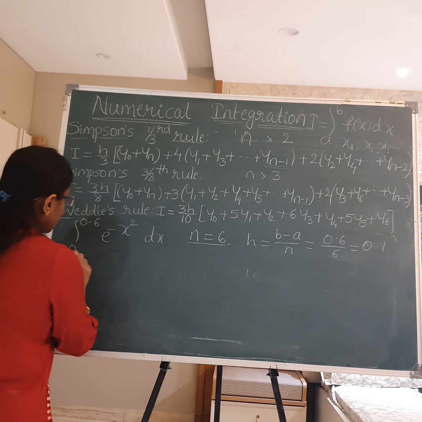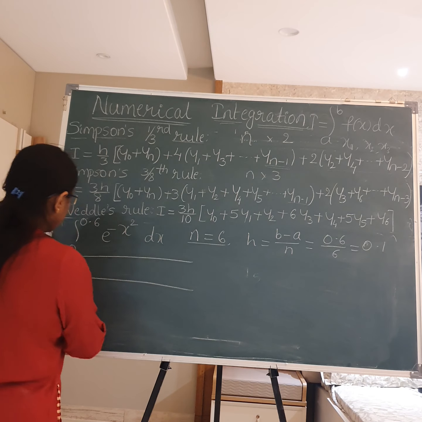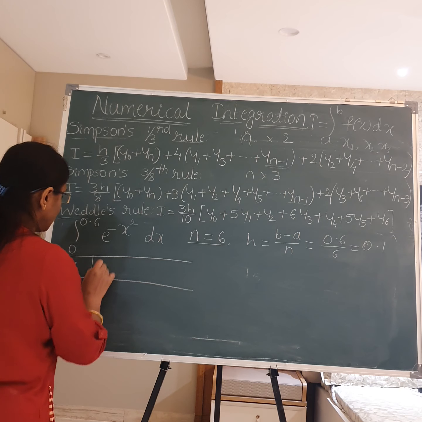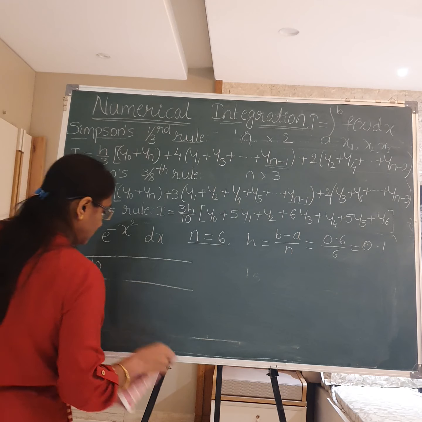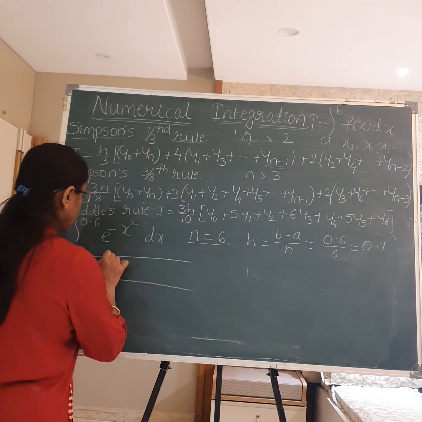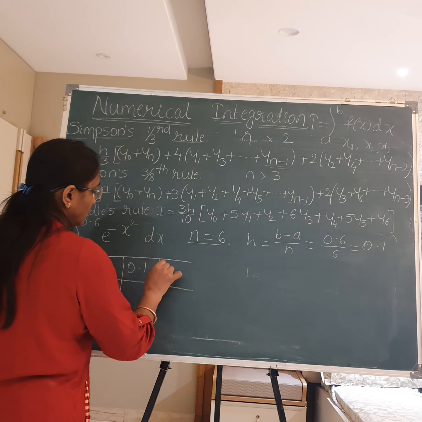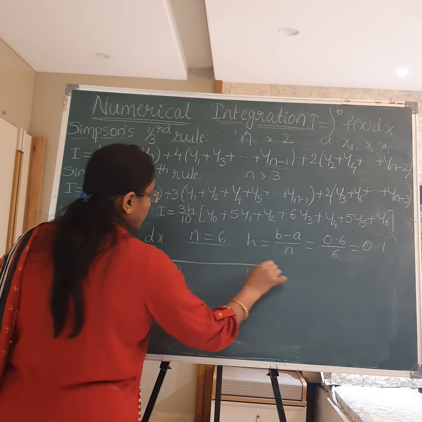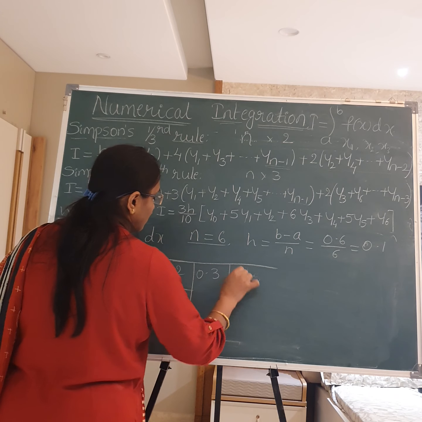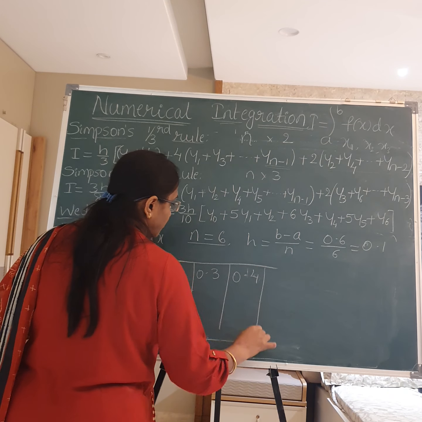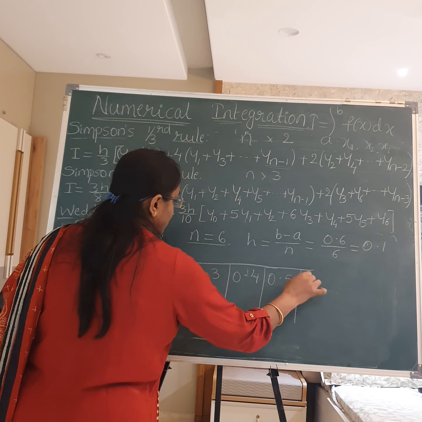For that, construct the table here. X values start from 0, 0.1, 0.2, 0.3, 0.4, 0.5 up to 0.6.